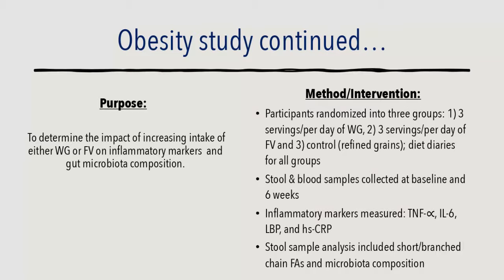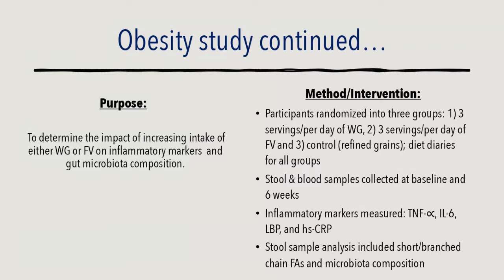So the purpose of this was to determine the impact of increasing intake of either whole grains or fruits and vegetables on inflammatory markers and gut microbiota composition. The participants were randomized into 3 different groups. It was either 3 servings per day of whole grains, 3 servings of fruits and vegetables, or the control group was purely refined grains, where they did give them the refined grains, basically to keep in touch with them.